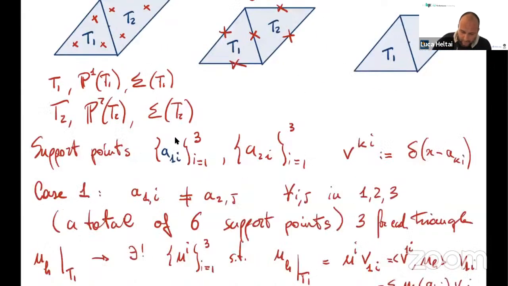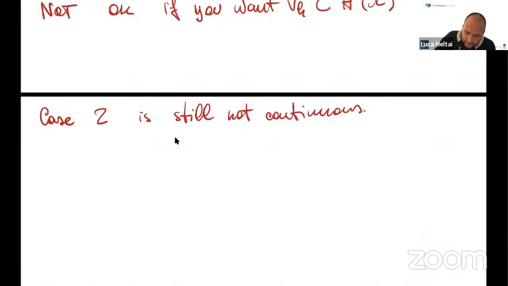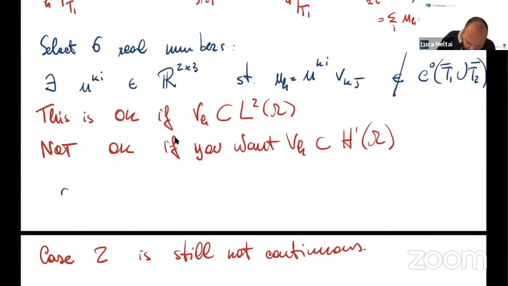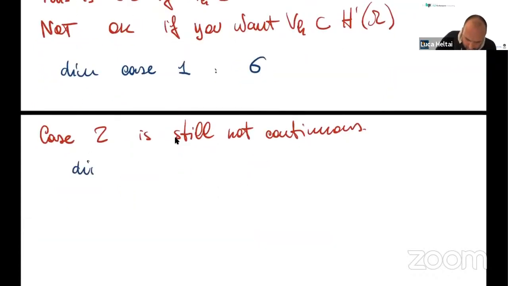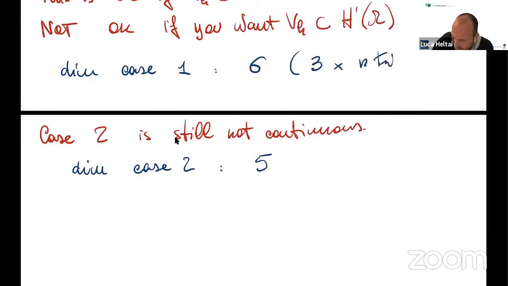So let me write here, the dimension of case 1 is 6. The dimension of case 2 is 5. And 6 is 3 times n triangles.